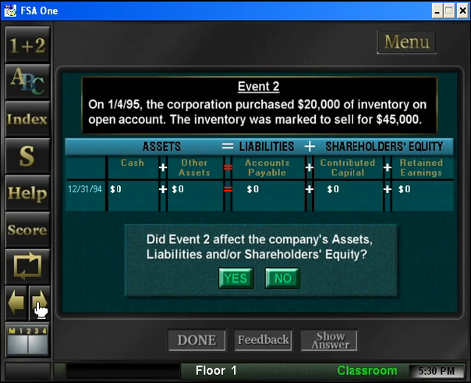On January 4th, the corporation purchased $20,000 of inventory. Would this affect the company's assets, liabilities, or shareholders' equity? You are correct. The asset inventory increased, and the liability, accounts payable, also increased.